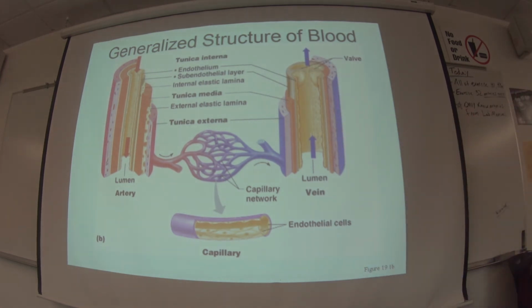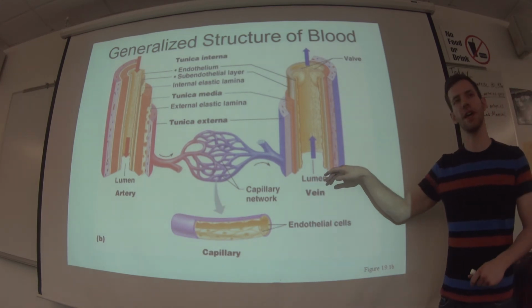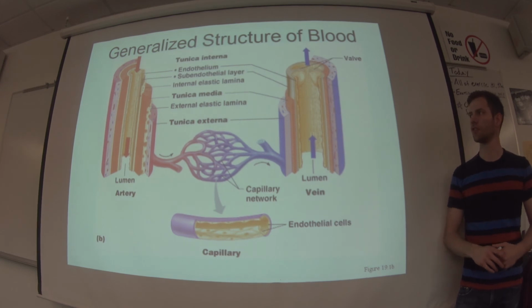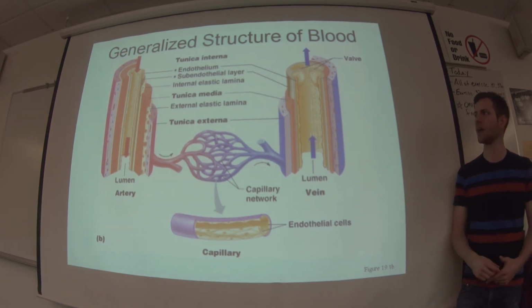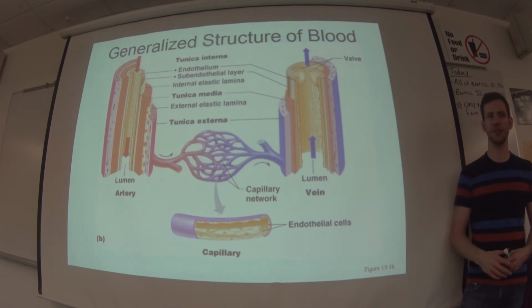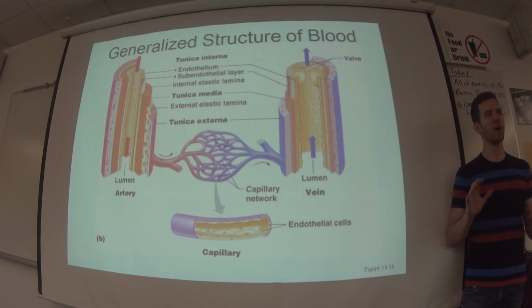So that's the hope. Valves do break in veins, especially due to extreme pressures, pregnancy, just old age. Eventually you're going to break a couple of them, and then you'll get pooling of blood in the veins. It's usually more of a problem in the superficial veins, like the saphenous vein in the back of your calves, because they don't have muscle around them to help them pump.